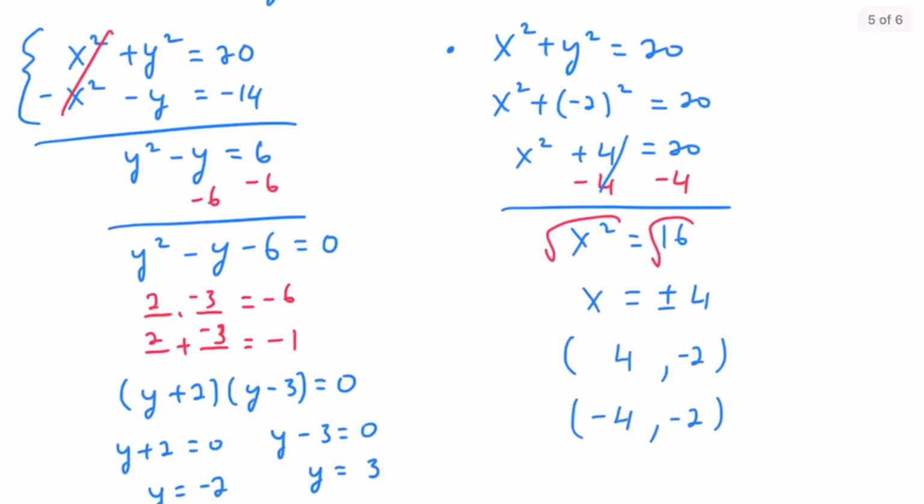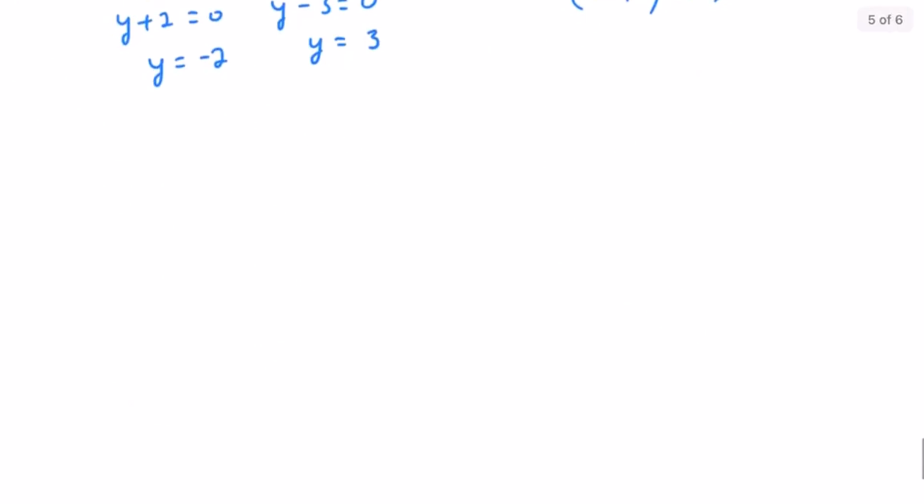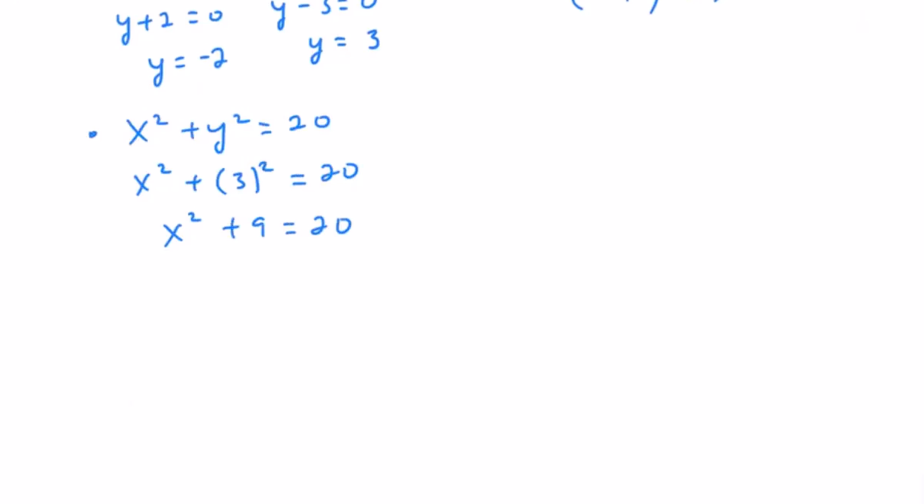Now let's do the same for when y is 3. So we have x squared plus y squared is equal to 20. So x squared plus y is 3, so 3 squared is equal to 20. So x squared plus 9 is equal to 20. Minus the 9 over.